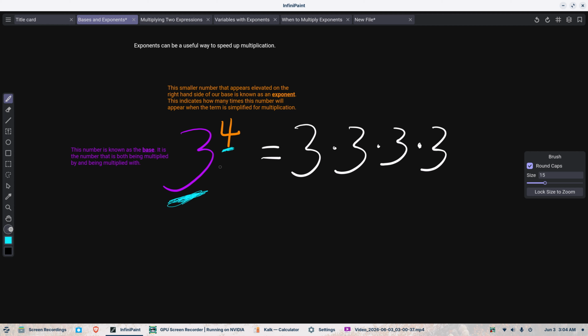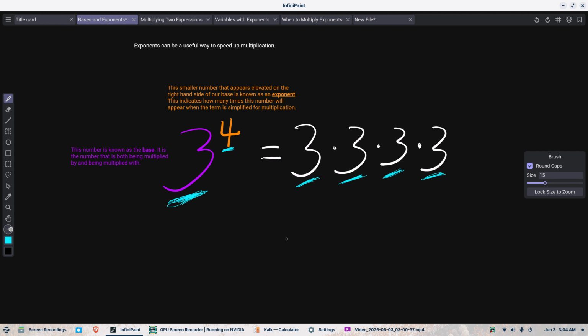And what this expression is saying is that we are going to take 3 and multiply it by itself. And when we do that, 3 is going to appear 4 times in the expanded expression that we are going to write.